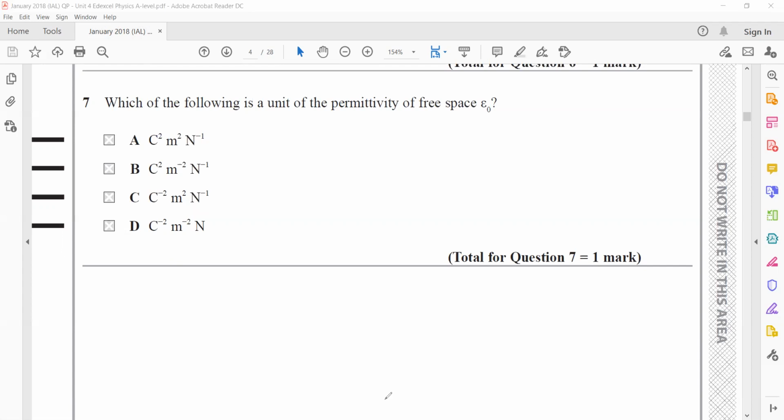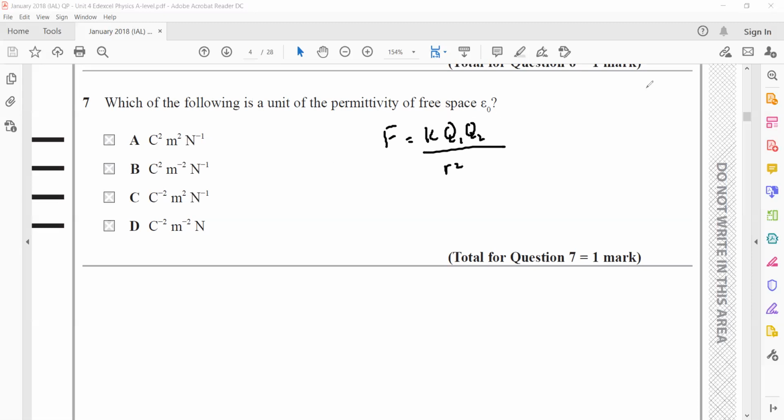According to Coulomb's law, F is equal to K Q1 Q2 over R square. So we have the formula for Coulomb's law, the force between the charges. F is equal to K Q1 Q2 over R square.